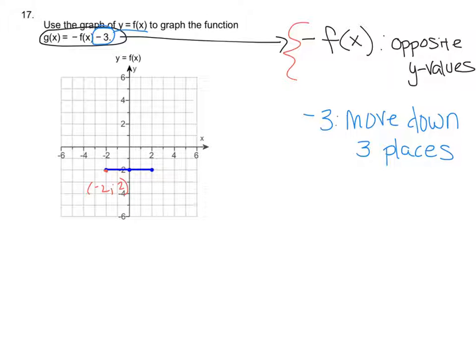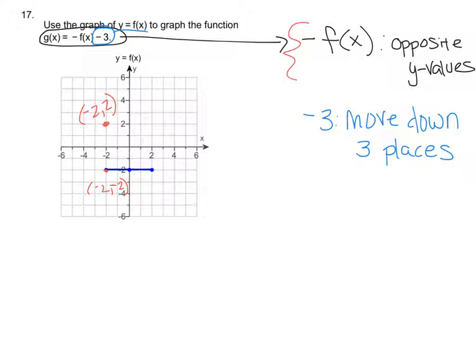Now, when I reflect the point about the y-axis, that means that my new point is going to be negative 2, positive 2. Do you see that the signs of my y values changed?